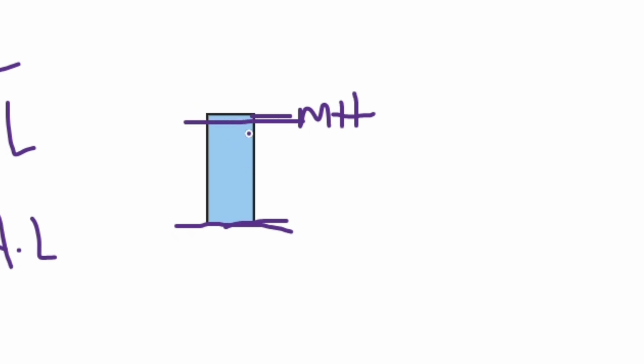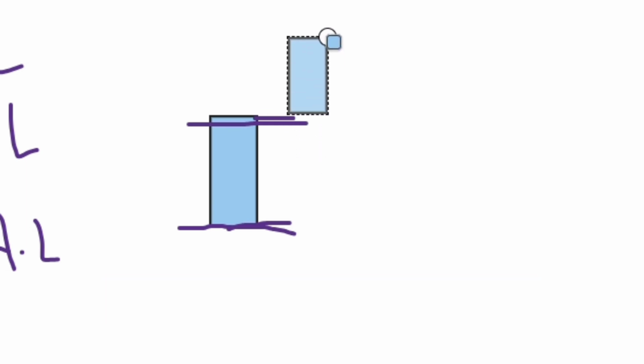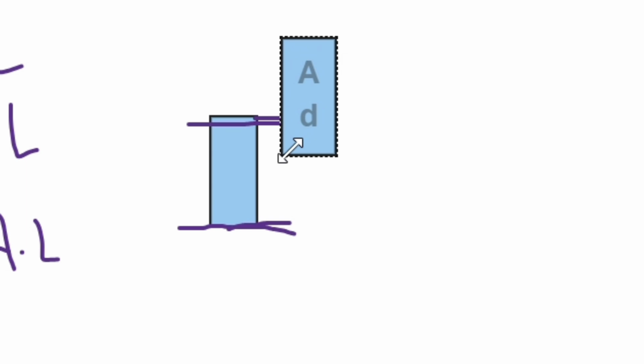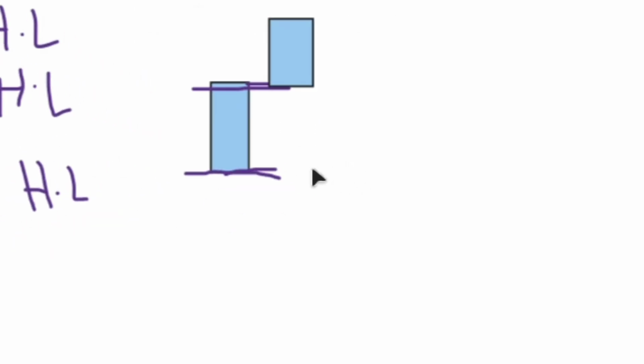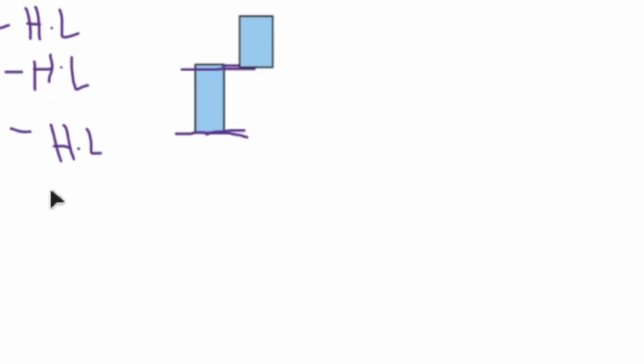So in the coming month, price will open around here, maybe retrace a bit, but what I'm expecting is for price to grab the monthly high because it is a bullish month. So we'll be having something like this. Price opens around here, grabbing the monthly high. Same for the weekly time frame and daily time frame.